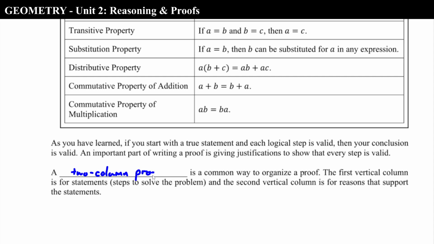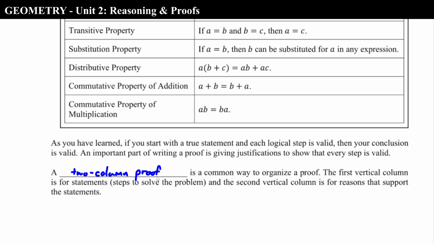And a two-column proof is a common way to organize it. The first vertical column will have your statements, so for example the steps to solve a problem, and the second vertical column gives you the reason for each step. I like two-column proofs because they are easy to organize, they're easy to follow, especially in algebraic proofs.